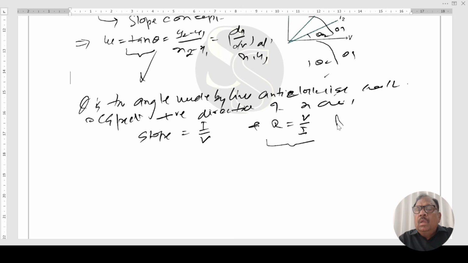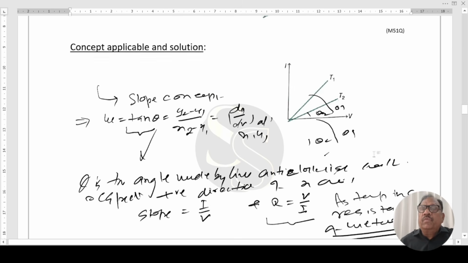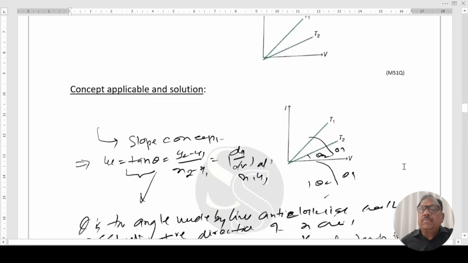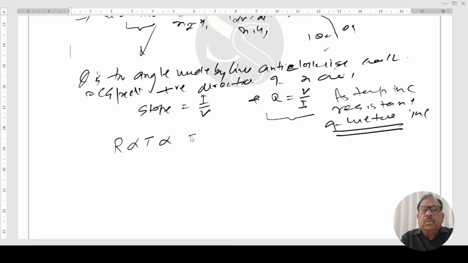Now, as temperature increases, resistance of metal increases. That is positive temperature coefficient of resistance, right? Therefore, R is proportional to T, proportional to slope.